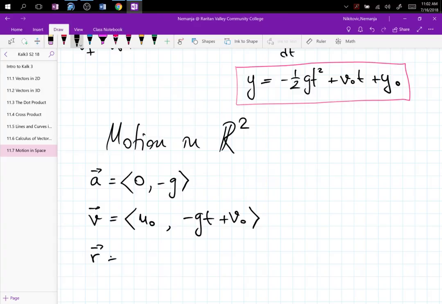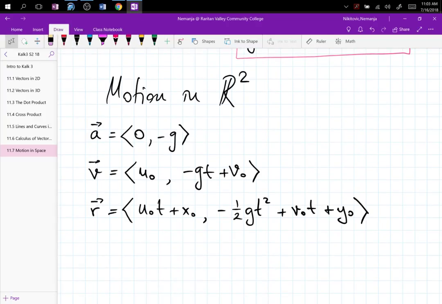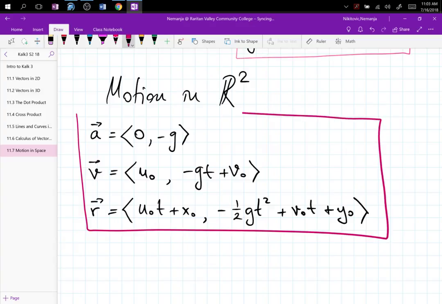And then the r vector is going to be given as u0 t plus x0, comma, negative 1/2 gt squared plus v0 t plus y0. This is the standard stuff. Now, these are the equations that are going to be boxed. This is what we actually use for 2D free fall.